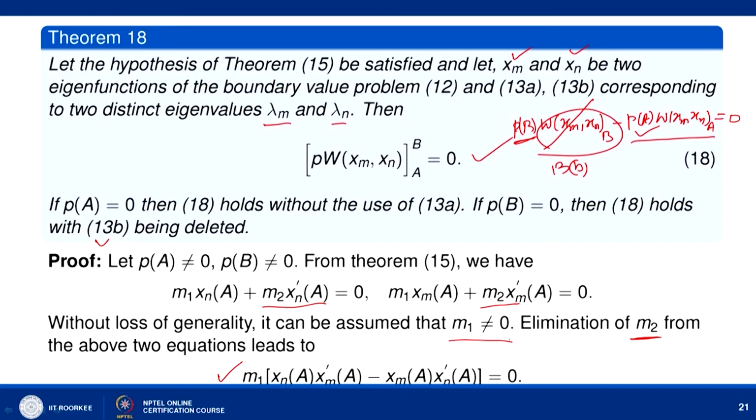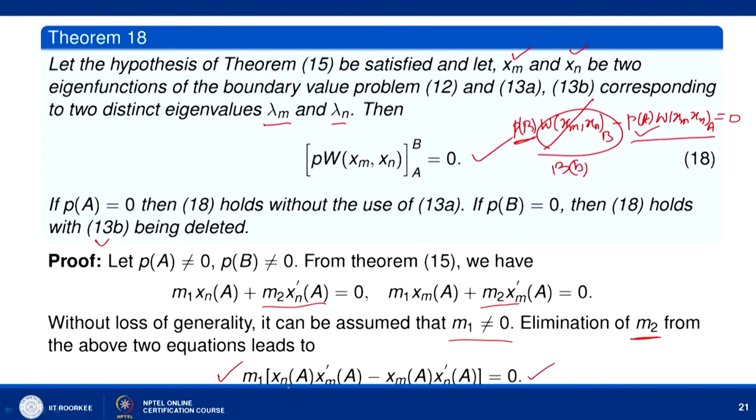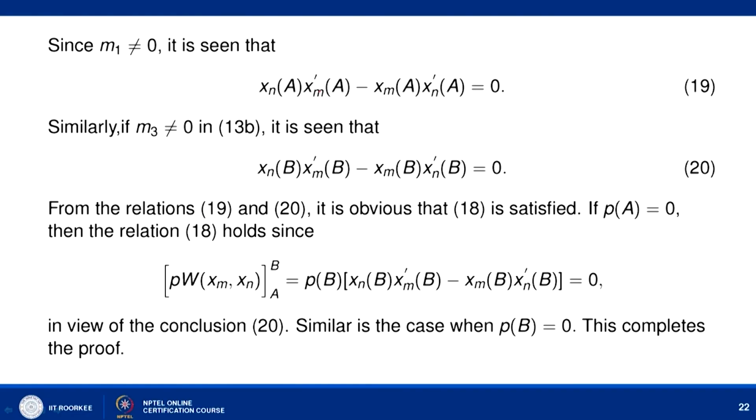If m1 equals 0, then we can easily obtain this in the same way, but the coefficient is going to be m2. Now since m1 is not equal to 0, we can cancel it out, and we have xn(a) xm dash(a) minus xm(a) xn dash(a) equal to 0. This we have obtained from 13a, the boundary condition given at the point t equal to a.